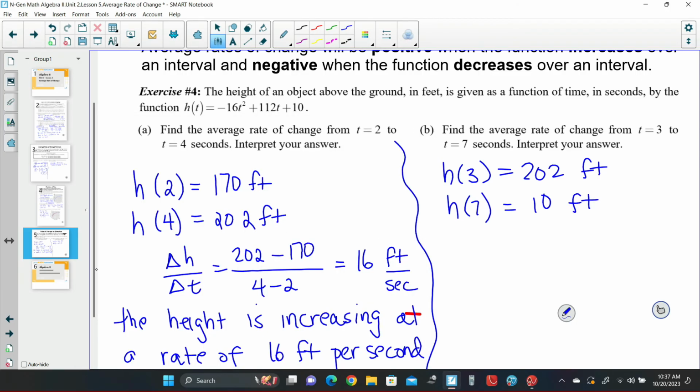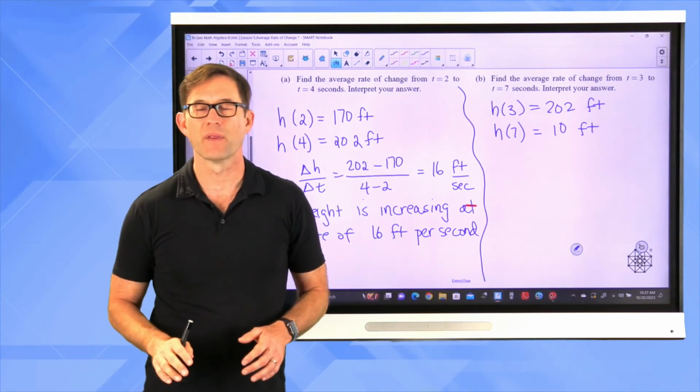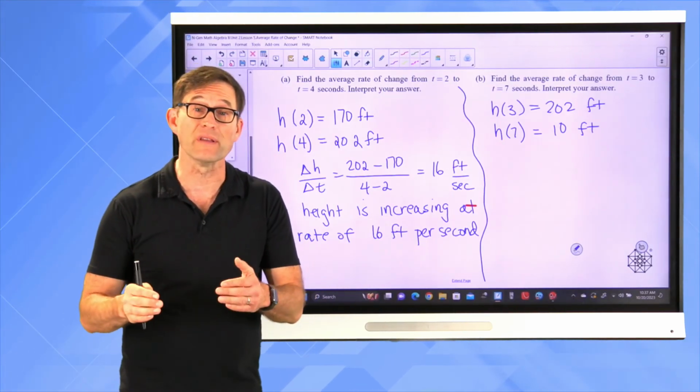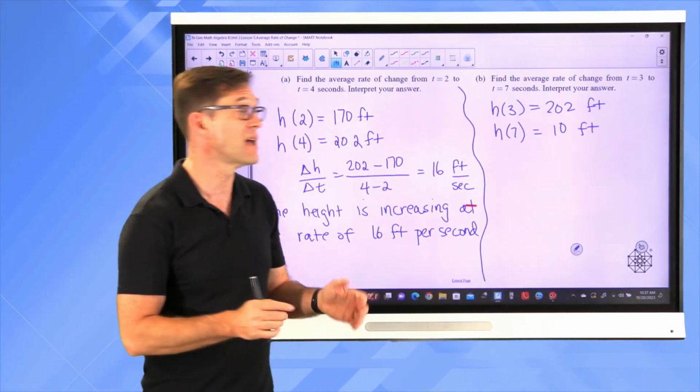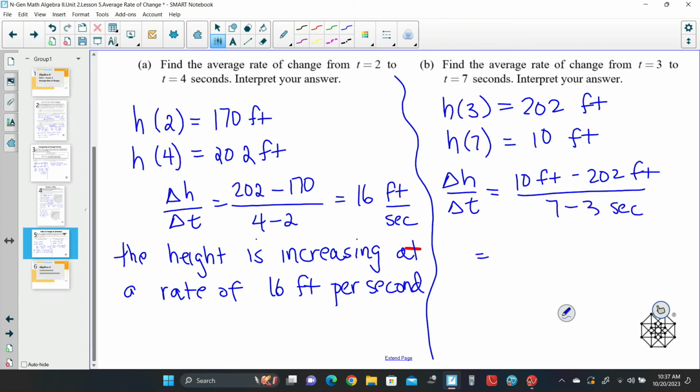Now, by the way, notice right away, our height at 7 seconds is much smaller than our height at 3 seconds. So the height has decreased from 3 seconds to 7 seconds. So now our change in height over change in time is 10 feet minus 202 feet, all divided by 7 minus 3 seconds.